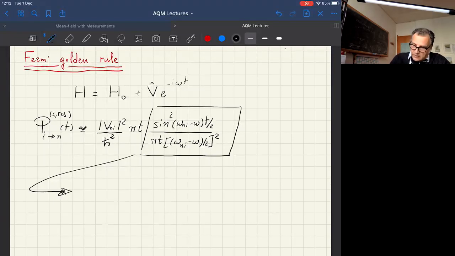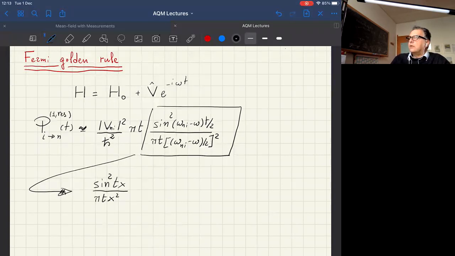So let's consider this. It's a function which is sine squared of tx divided by π t x squared.